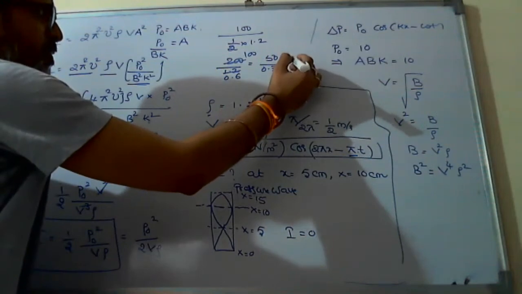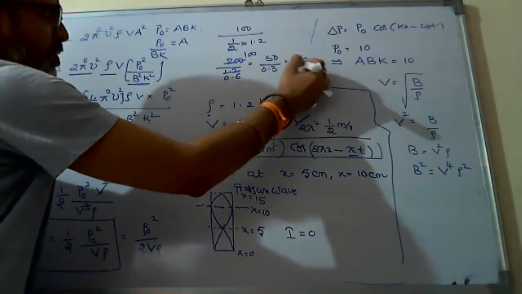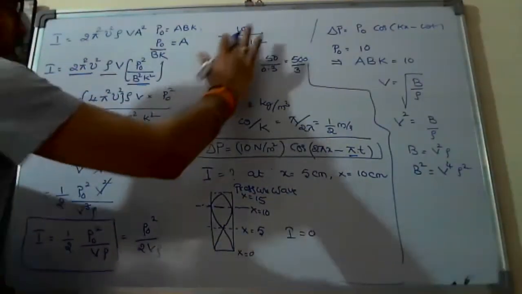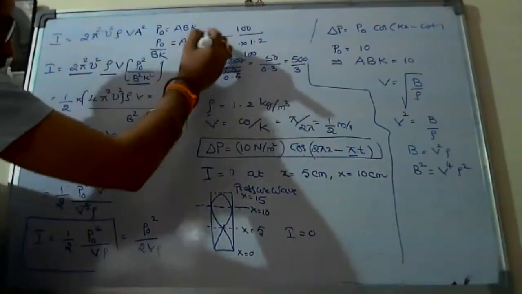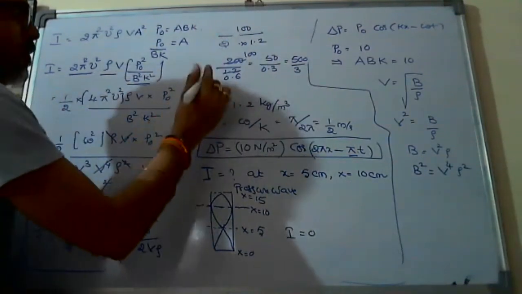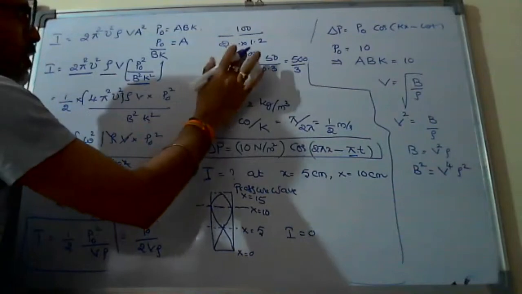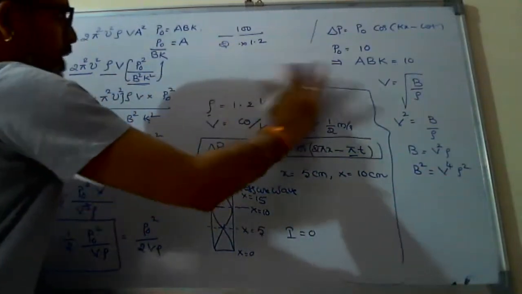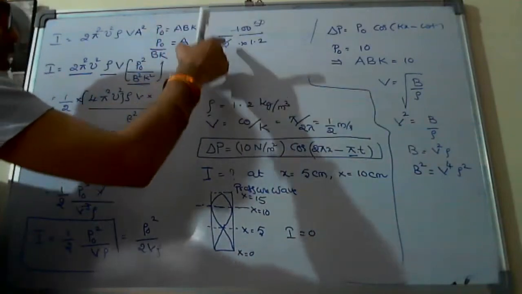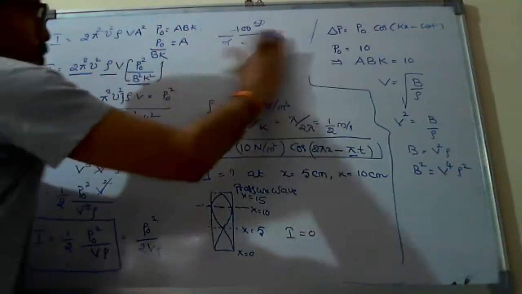No, I think 500 by 3. Oh, sorry. What is this nonsense? I forgot here while writing. This is a completely wrong calculation. One more mistake.